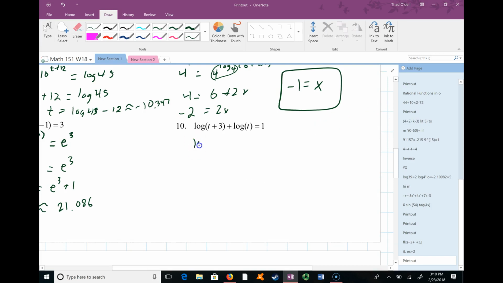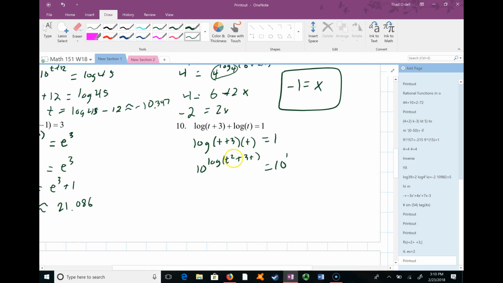So this would be log of t plus 3 times t is equal to 1. And it's a log base 10, so I want to make both sides a power of 10. So that would be 10 to the log of, and that would just be t squared plus 3t, right? If I multiply that t through. And I have 10 to the first over here.